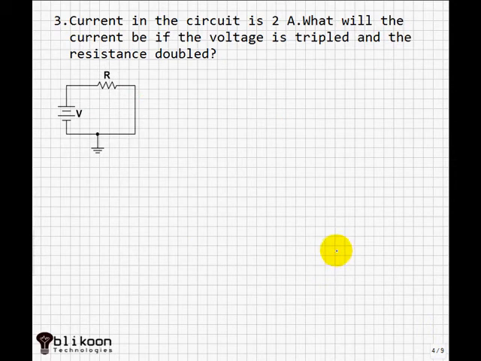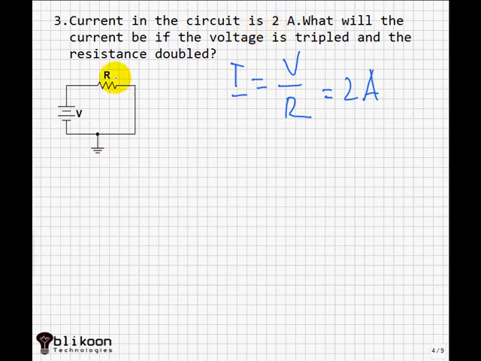Current in the circuit is 2 amps. What will the current be if the voltage is tripled and the resistance doubled? This is a tricky one, but we start slowly. So current equals voltage divided by resistance, which equals 2 amps, as they say in our problem here. So we split our circuit into two states.